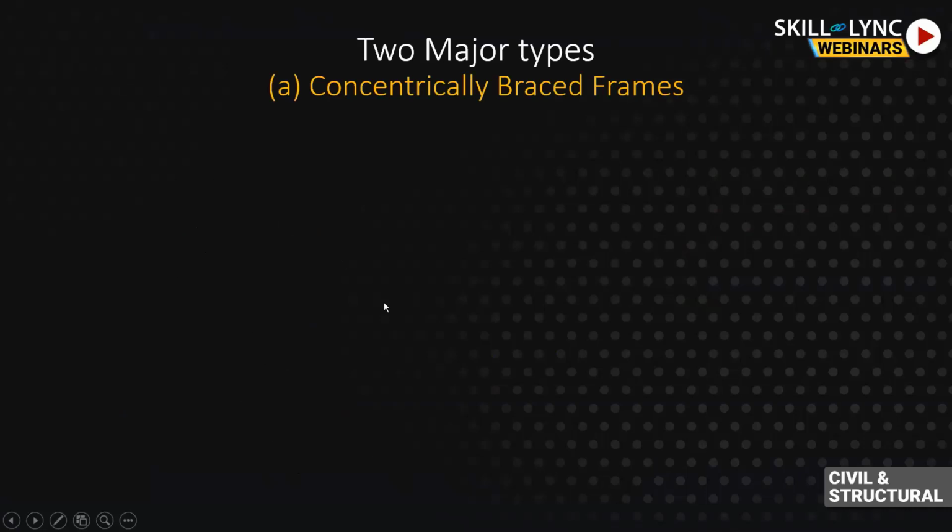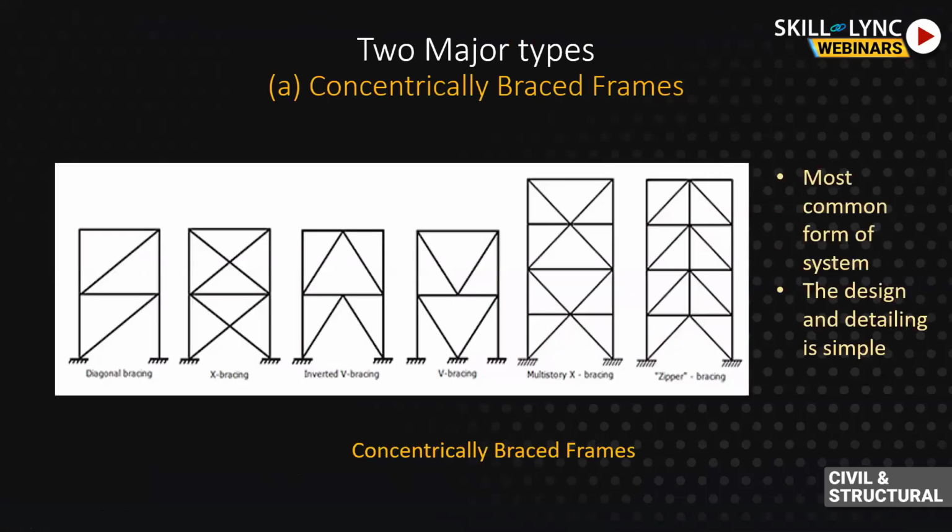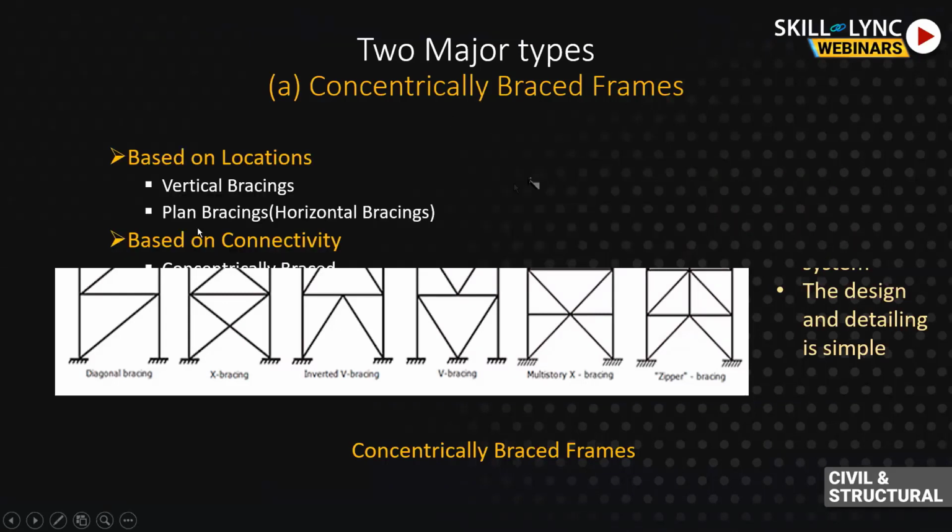So two major types: concentrically braced frames. You can see here there are numerous examples shown. What is concentrically braced? Here you can see the joints are meeting at a common point. You see this member is meeting with this column and with this at the center.